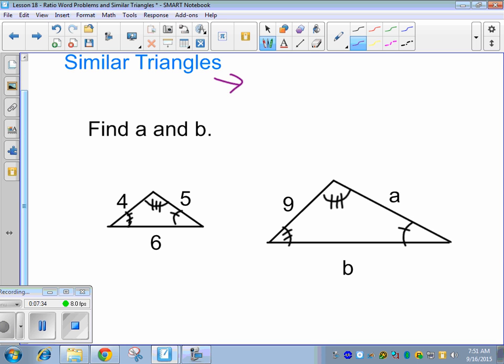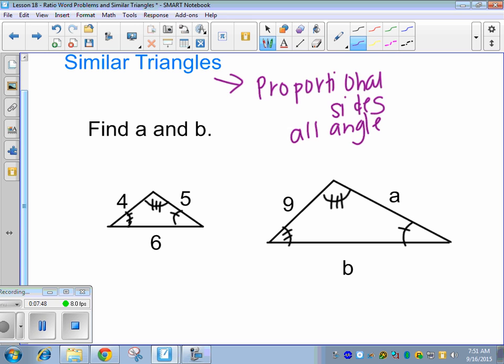So similar triangles means always that you have proportional sides. Okay. What else is the same, you guys? Yeah, all the angles are congruent. That little equal sign with the squiggly on top means congruent, okay? So you know all the angles inside are congruent, which means all the sides are proportional.